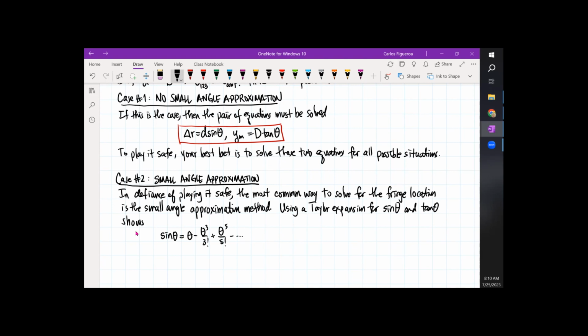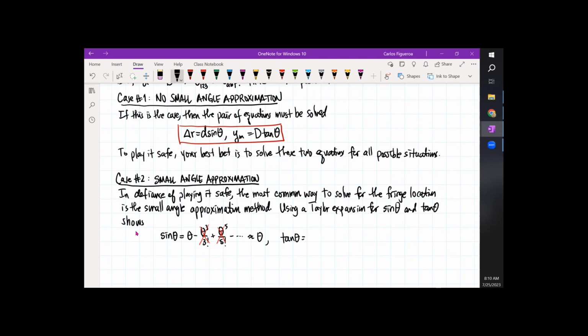And you could see here that for a small angle approximation, this term and this term are really, really small. So you can approximate this as theta. On the other hand, if I look at tan of theta, which is of course sine of theta over cosine of theta, this becomes a very similar process.